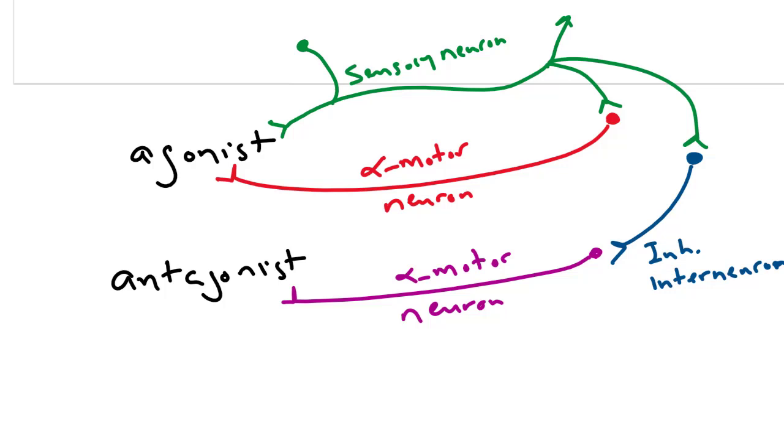You can see that an action potential that is generated here will move in this direction, right? It will go off in this direction. It will go off in this direction, right? Like this. And since this is an excitatory connection, these sensory neurons will release excitatory neurotransmitters. You get an action potential flowing down in this direction.